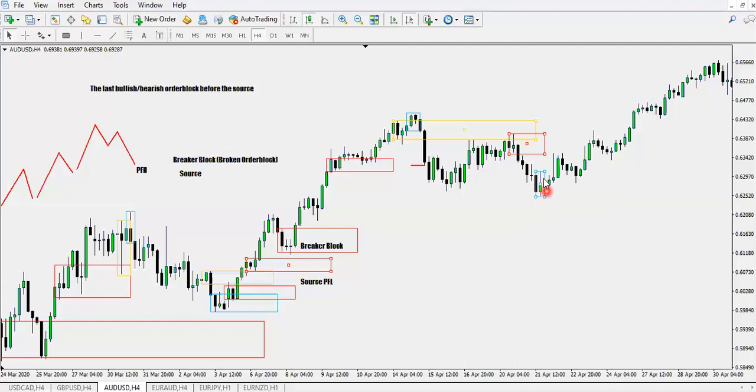So this source was created, and over here we'll see that this is also a bullish order block right there.